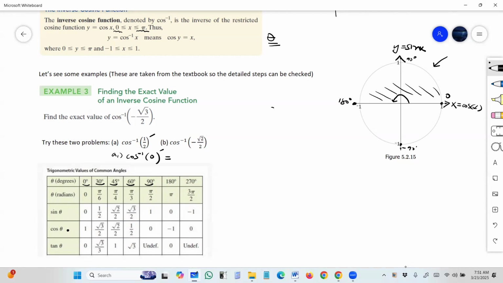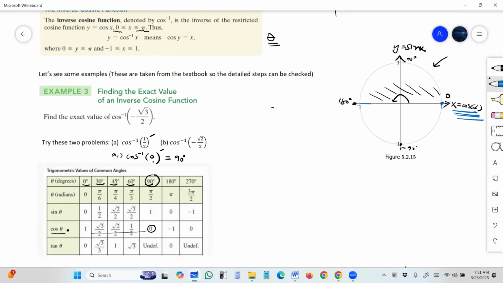Now, let's do cosine inverse of 0. So we go to the cosine function and we see where we have the 0. Because it's positive, you just pick the angle that is right here. This is 90 degrees. Let's check with the unit circle. I said that the x-axis is the cosine axis.